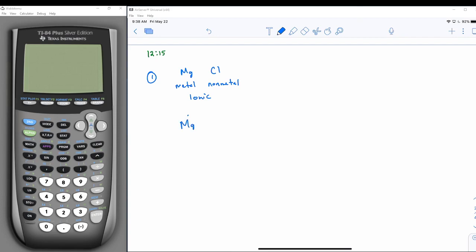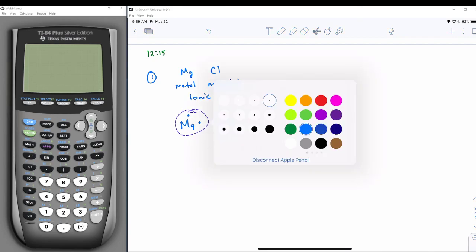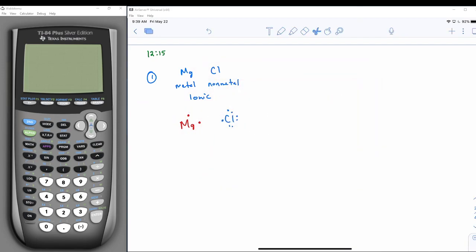So you start with Mg with 2 dots and Cl with 7. Okay. Actually, I'm going to color change this so it's easier to track the electrons here. Now, Mg is able to donate 1 electron to the chlorine here, but now this Mg still has 1 electron left over.